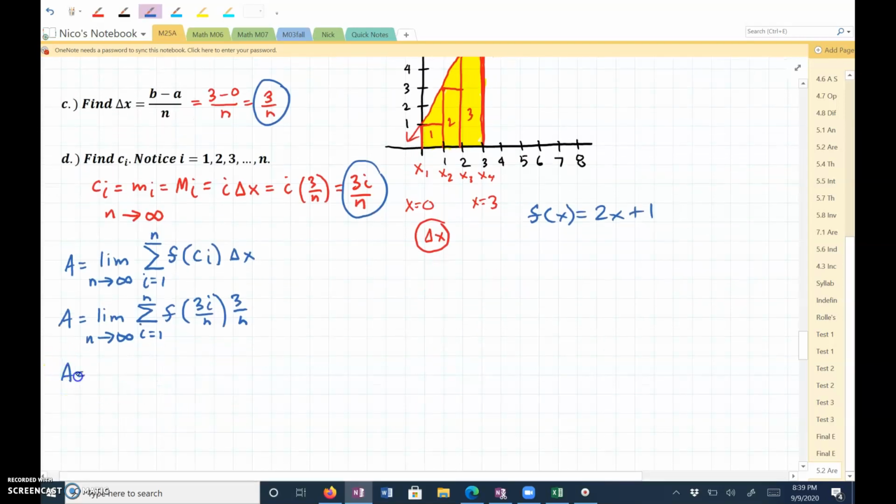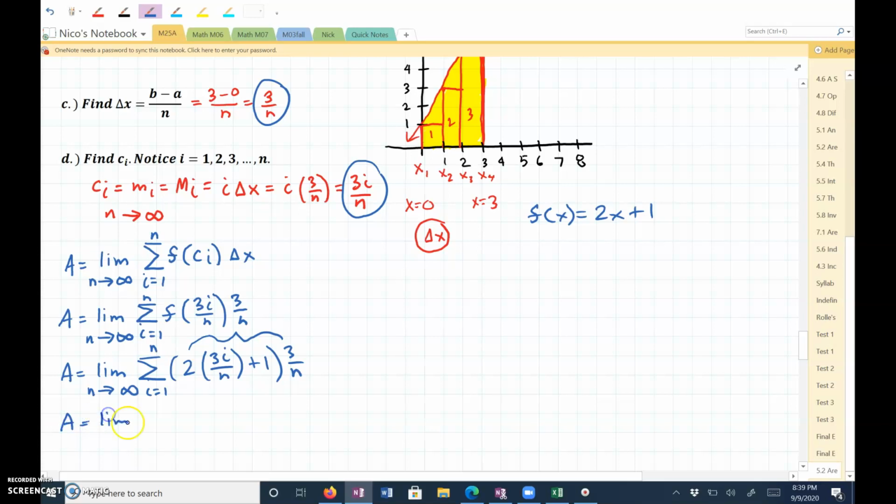So now we can write this as the limit as n goes to infinity of the summation when i starts at 1, ends at n, and then this would be 2 times 3i over n plus 1 times 3 over n. Then we can multiply all of this stuff together.